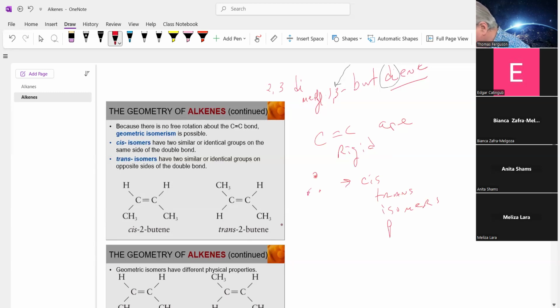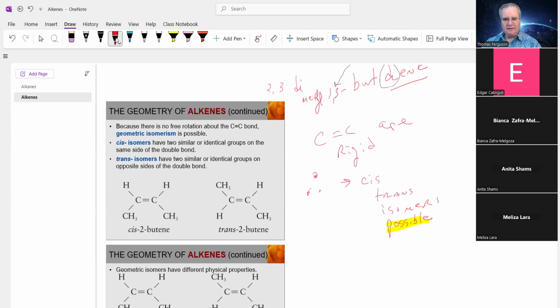Possible, keyword. Sometimes you do, sometimes you don't. Just depends on what's going on with where the double bond is located. There's a couple of variables there.